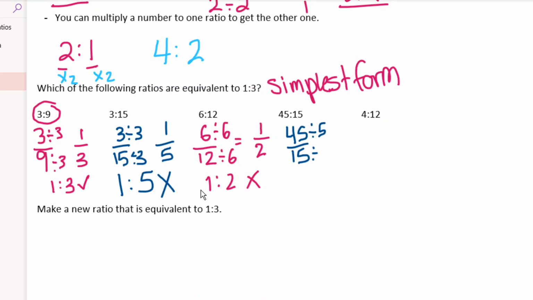Let's try 5. 45/15 is the one that I wanted, class. So this is a good example. We divide them both by 5 and we get something that can continue to be reduced. So we're going to go again. And I know that 3 goes into both of these. Sometimes you got to do it in 2 steps. There we go. All right.